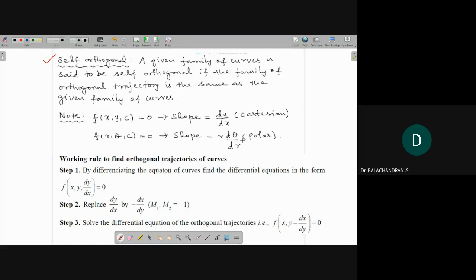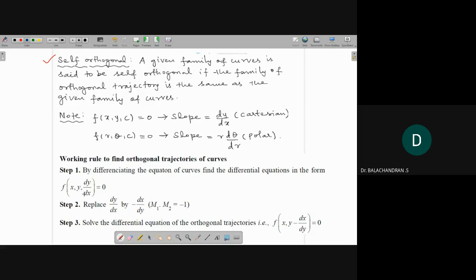Now the working rule to find the orthogonal trajectories, suppose the given equation is in Cartesian form. The first step is differentiating the equation of curves with respect to x, and find the differential equation in the form f of x comma y comma dy by dx.